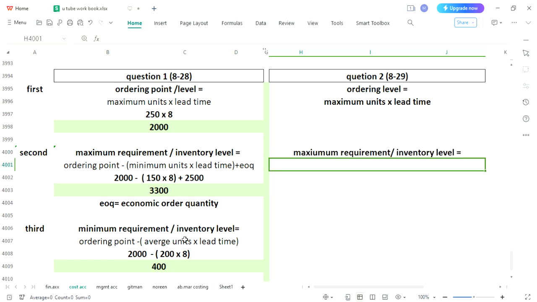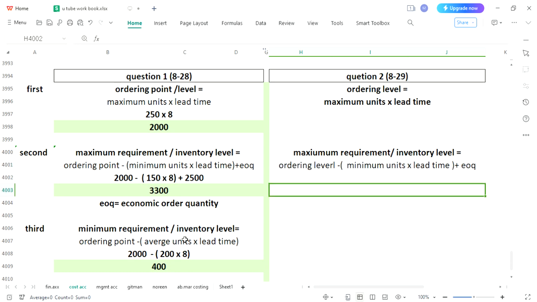You need to have the ordering level or point, and then you will minus, start bracket, minimum units multiplied by lead time, bracket close, and then you will add economic order quantity. So this way you will calculate your second formula.